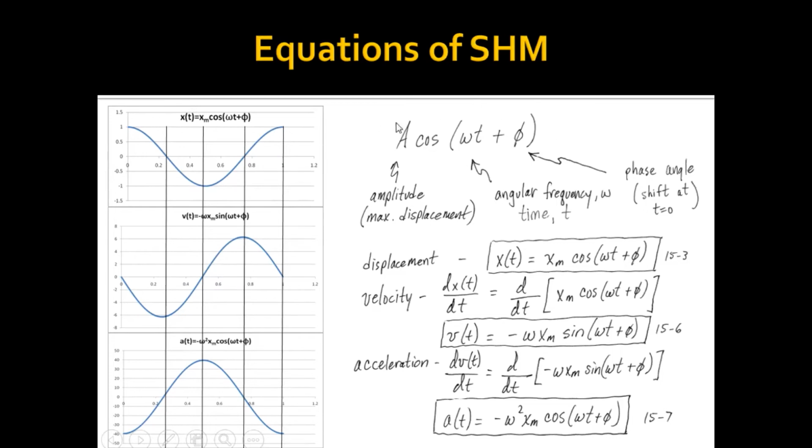Okay, so here's the equation for this graph. It has amplitude, it has angular frequency, and it has phase. So for a given wave or a given oscillation, those will be constants, and what's varying is time.